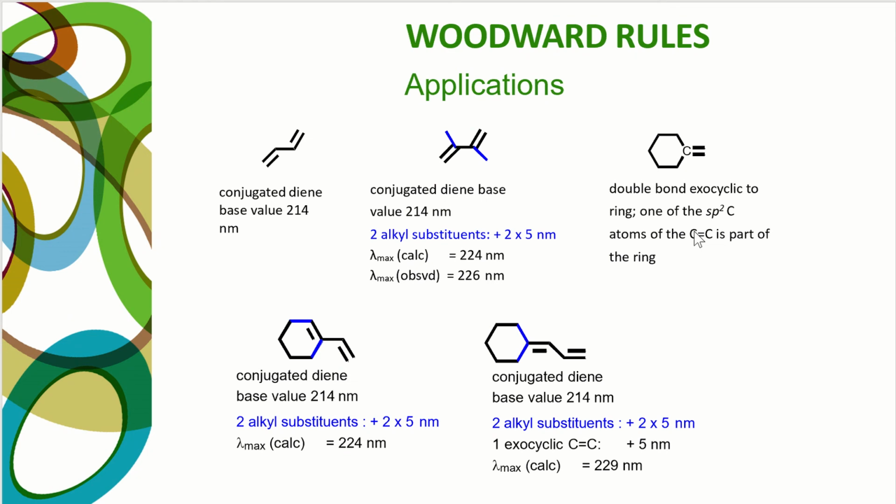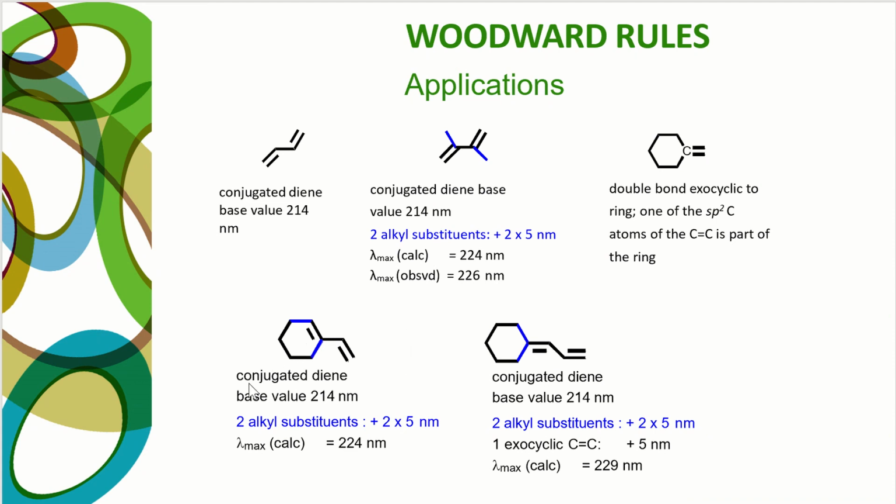One of the sp2 carbon atoms of the carbon-carbon double bond has to be a part of the ring. And so let's see how we calculate the lambda max for these two compounds here.